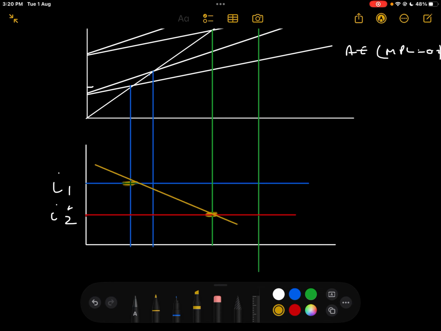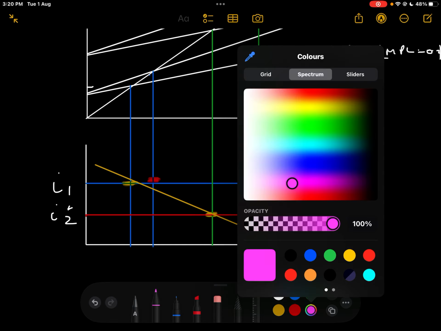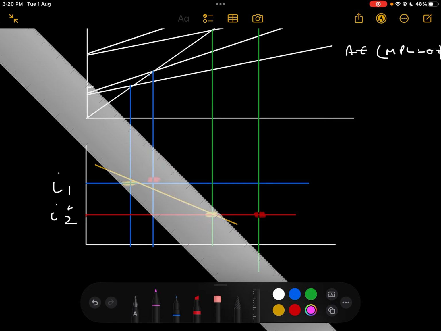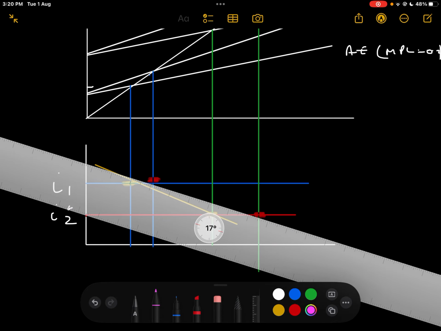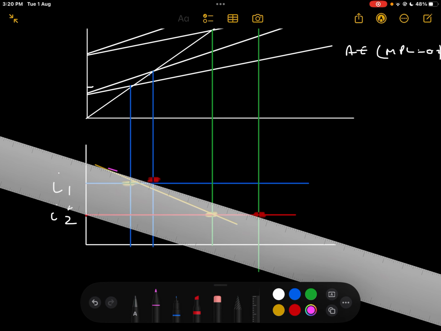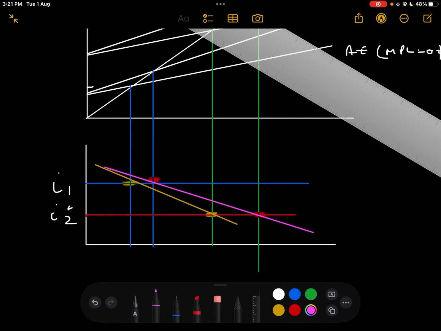Now this point here and this point are for MPC equal to 0.4, the greater MPC. Let us plot with some other pen. If we plot this, we'll get something like this.